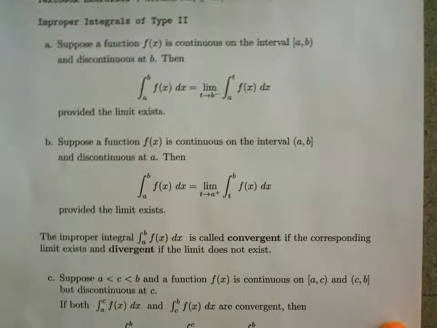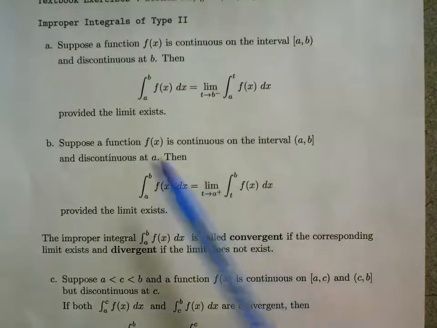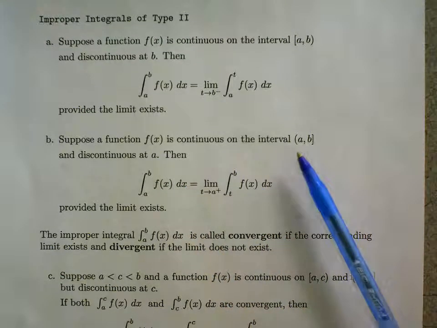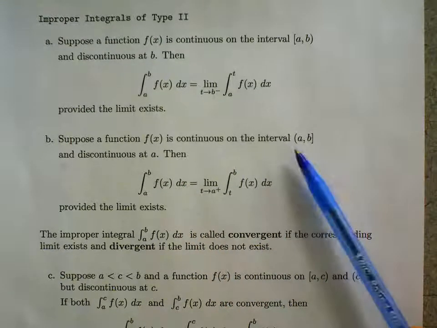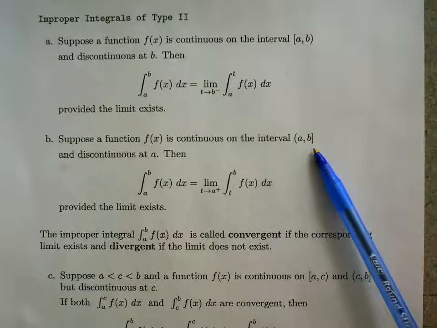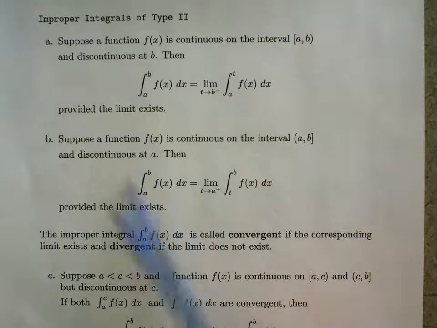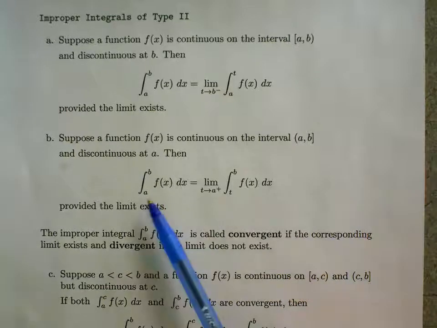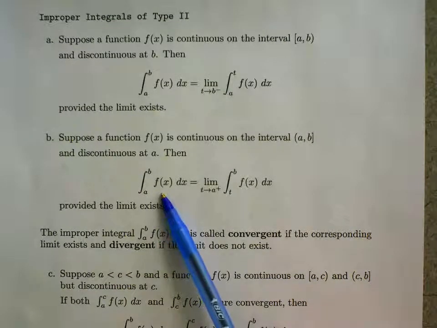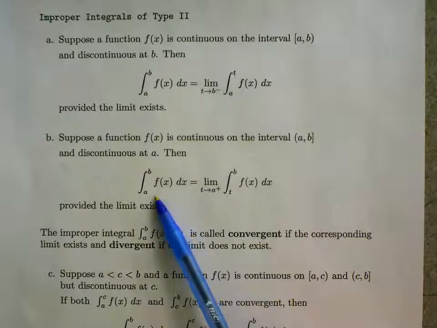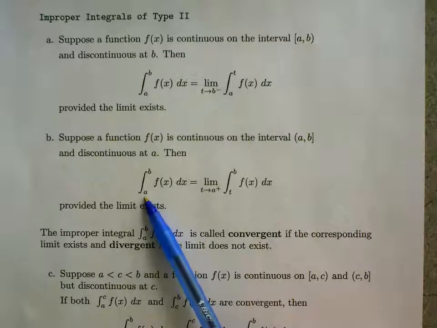Okay, part B is analogous. Suppose a function f of x is continuous on the half open and half closed interval from a to b and discontinuous at a. Then this integral is improper. Even though it looks like a definite integral, it's improper because of the discontinuity at a.